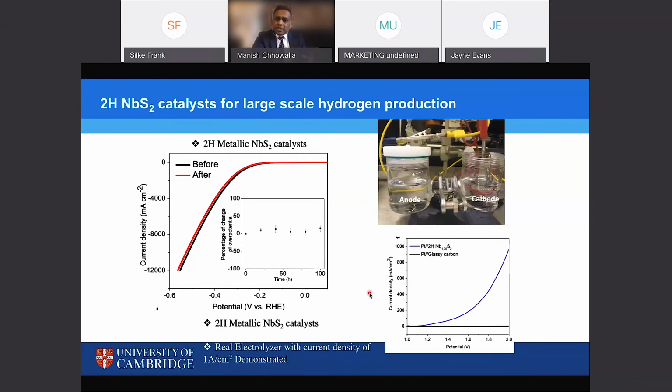So this suggests that at least this excess niobium disulfide material and its catalytic properties are good, but it's also quite robust in terms of evolving a large amount of hydrogen.